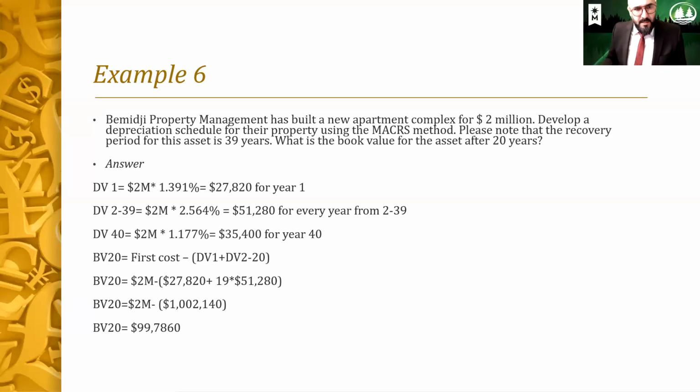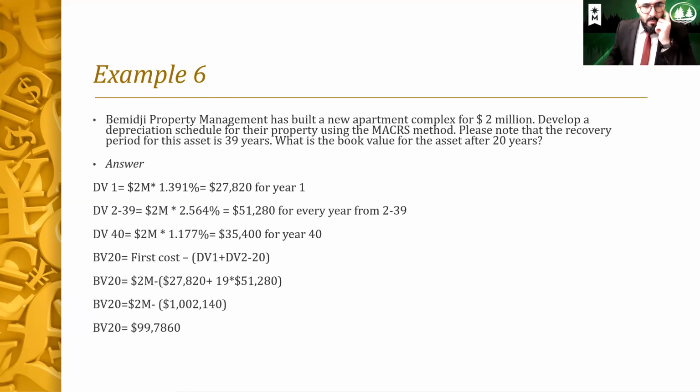On example 6, Bemidji Property Management has built a new apartment complex for $2 million. Develop a depreciation schedule for their property using the MACRS method. Please note that the recovery period for this asset is 39 years. What is the book value for the asset after 20 years?